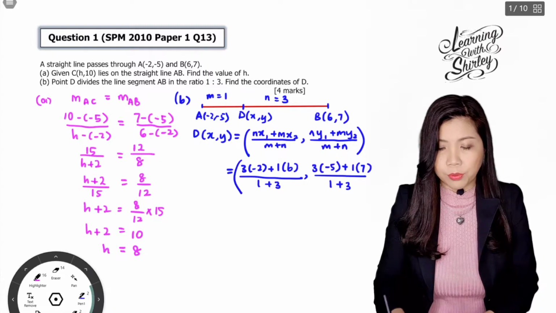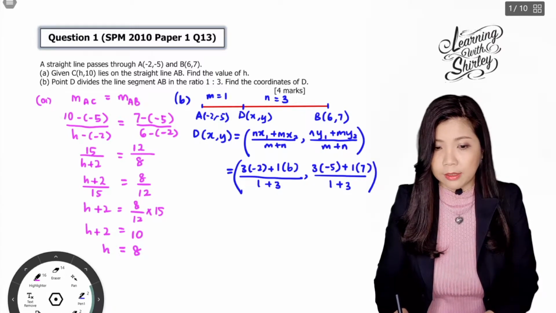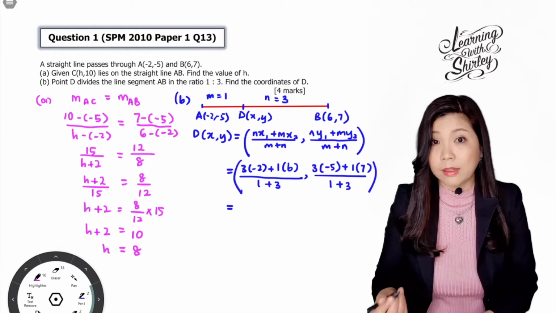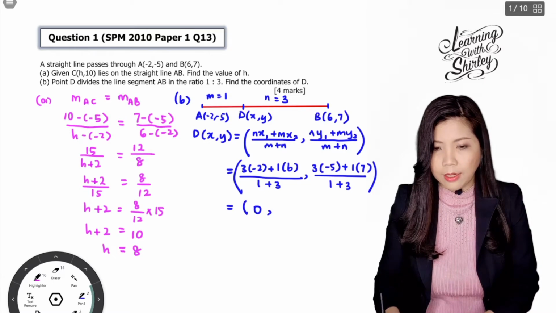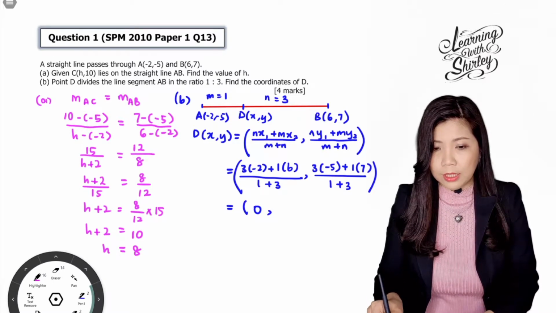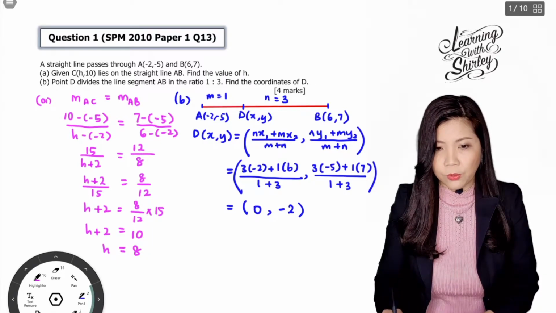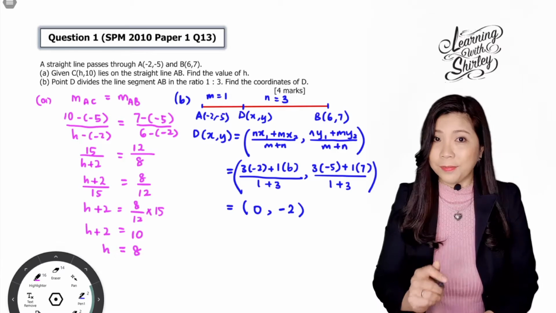Remember to put the big bracket because it's a coordinate. Let's solve this. -6 plus 6, we get 0. So the first coordinate is 0. Next, -15 plus 7 divided by 4, which is -2. So (0, -2) is the answer for coordinate D.